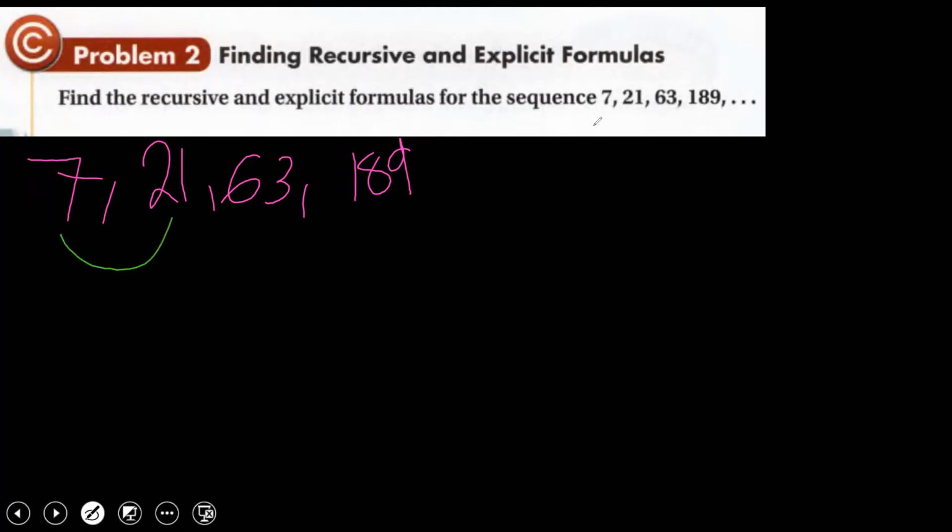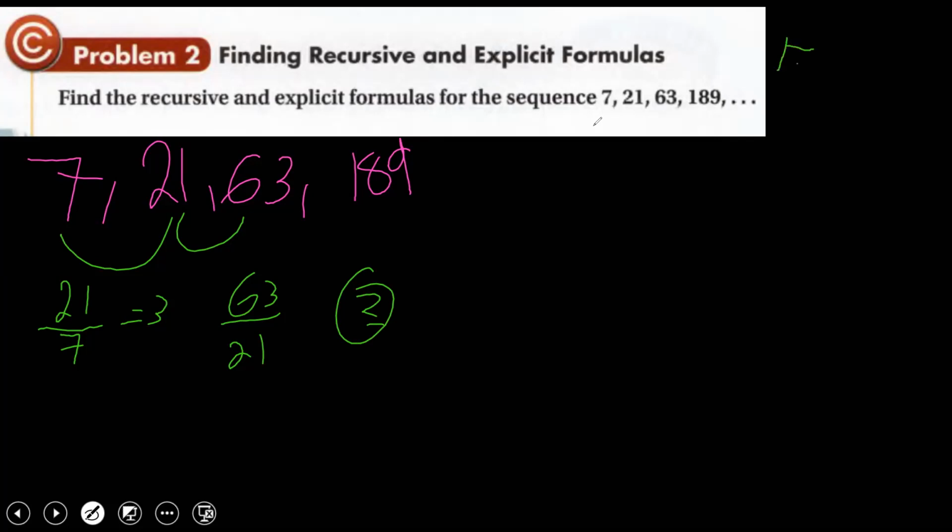Remind me, by dividing 21 by 7, which is 3. 63 over 21: 6 over 2 is 3, let's multiply it by 3. 3 times 1 is 3, 3 times 2 is 6. So the answer is 3. And also 189 over 63 is 3. So the ratio r here is equal to 3.